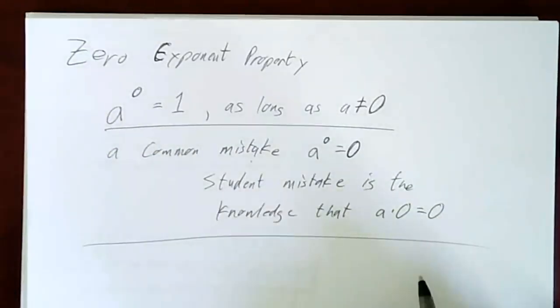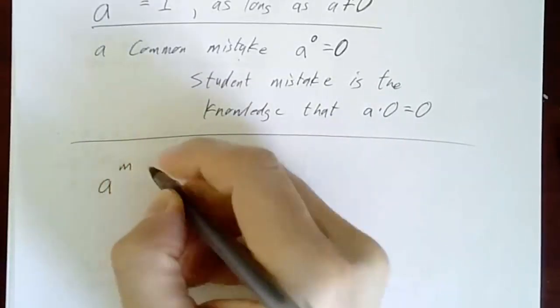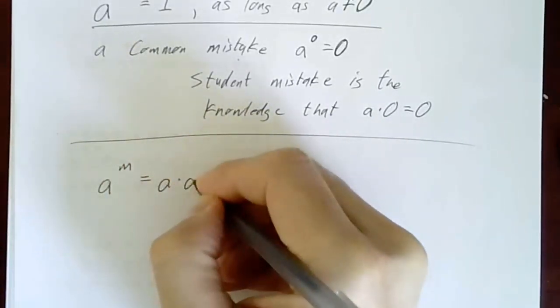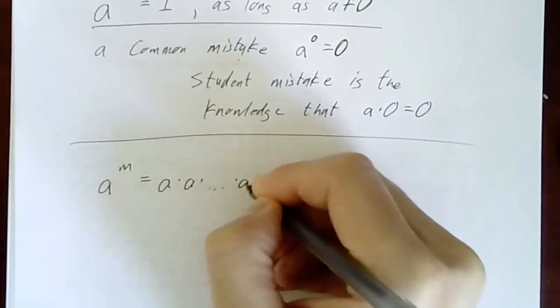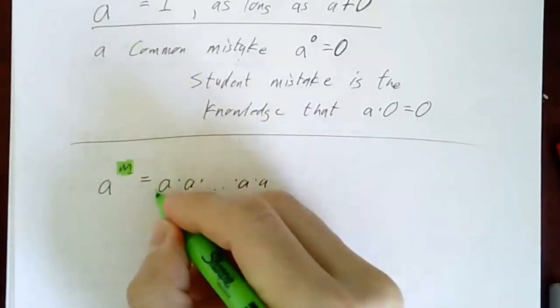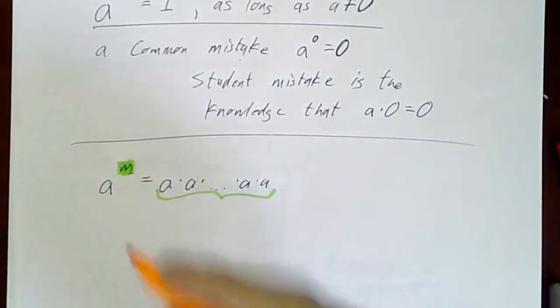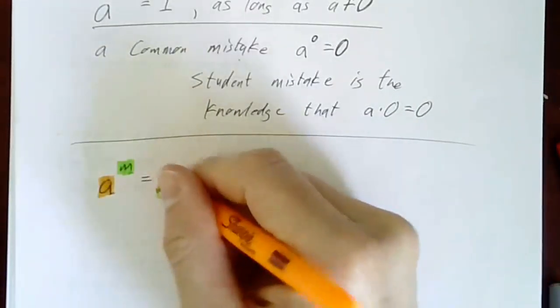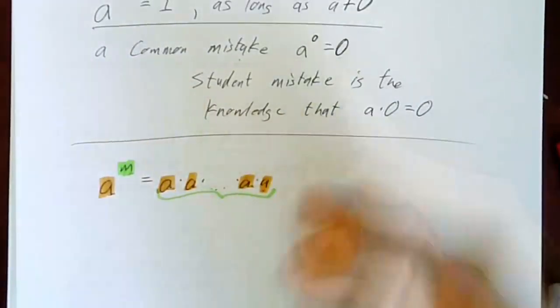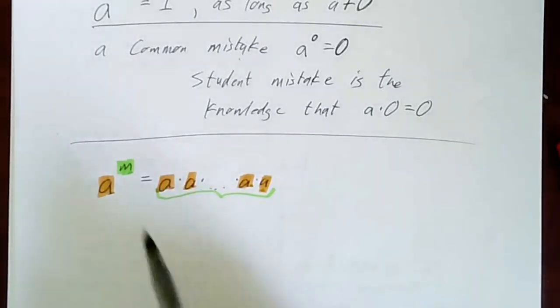Well, let's think about what exponents mean. As we learned in the previous video, a to the mth power means a times dot dot dot times a, where we have an m number of a's. So we are able to count how many a's we have, and we have m of them.